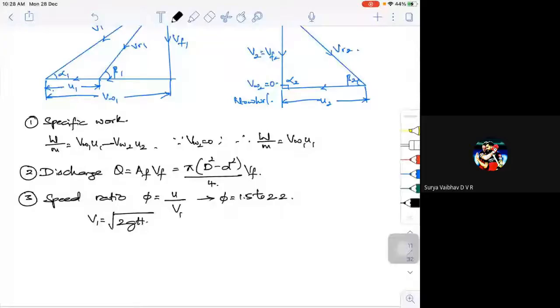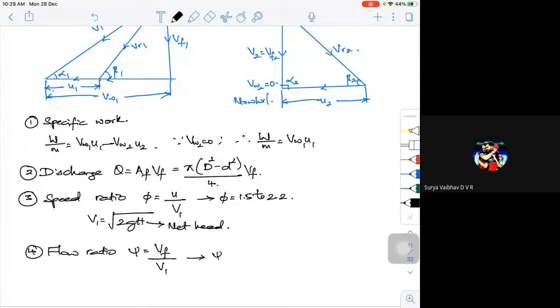Okay. Then we have one more formula, that is the flow ratio. What is this actually? It is defined as the velocity of the flow divided by your absolute velocity. This also we take from the design data handbook.